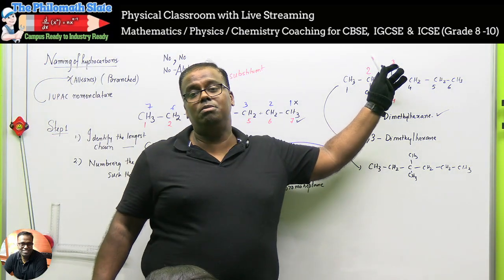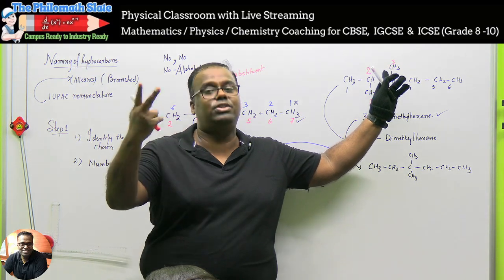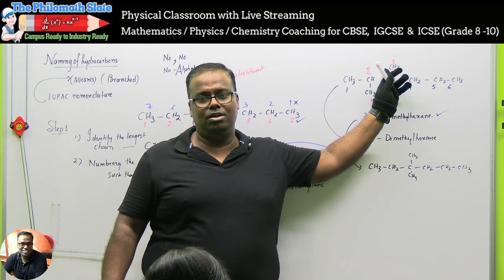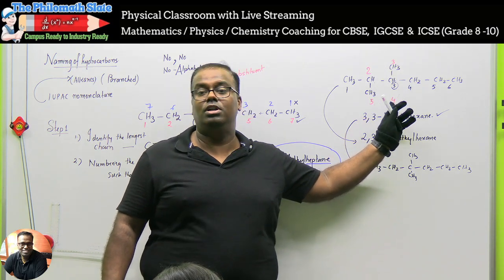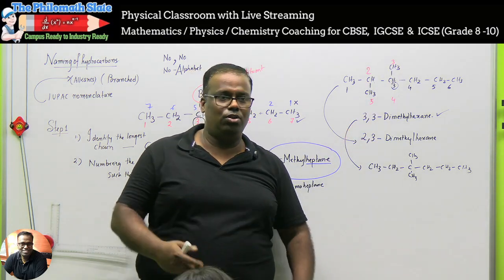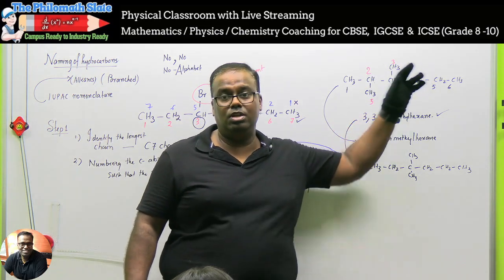The smaller number is always honored. 2,3. We will take the sum of 2 and 3. How much is the sum of 2 and 3? 5. How much is the sum of 5 and 4? 9. So the smaller sum is honored. Later on, when you go to 11, you will find that there may be 3 substituents also. Then we call them sets.